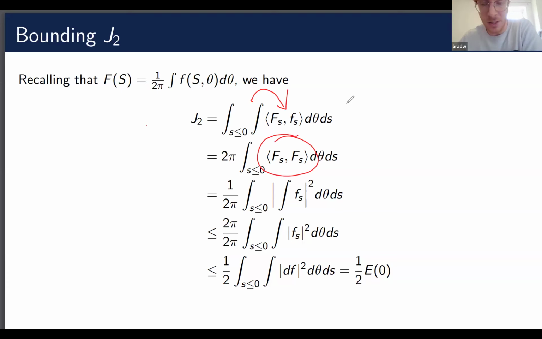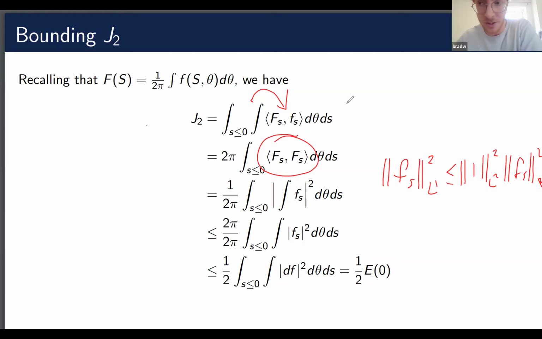Then this is just using Holder's inequality, so we know that the L1 norm of fs squared is going to be less than or equal to the L2 norm of 1 squared and the L2 norm of fs squared, because we're on a compact domain. This is just 2 pi because we're integrating over each slice of the cylinder. So we just get an extra factor of 2 pi out the front there.